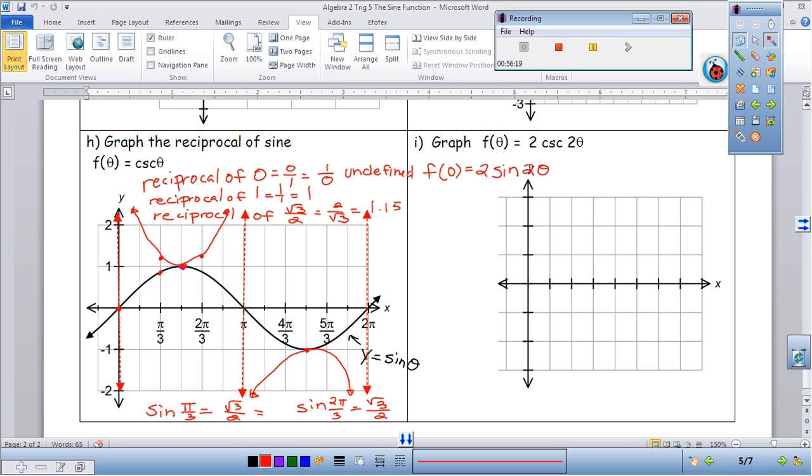Frequency, graph your point. There's the point. Here you go. There's the end, right? Label your graph.